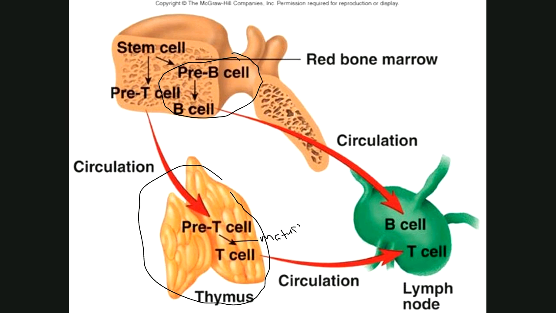And in the bone marrow, that's where they mature. And then once they mature, they leave the thymus, they leave the bone marrow, and they enter the circulation. And they circulate through the blood, through the lymph, and through the lymph nodes.